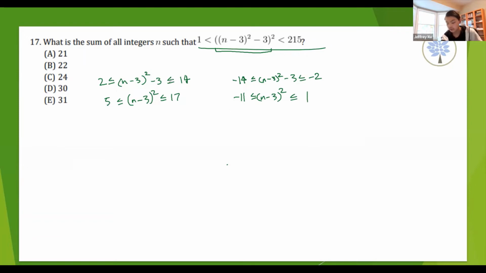It's a perfect square. So we notice that the only values that (n minus 3) squared can equal are 0, 1, 9, and 16.